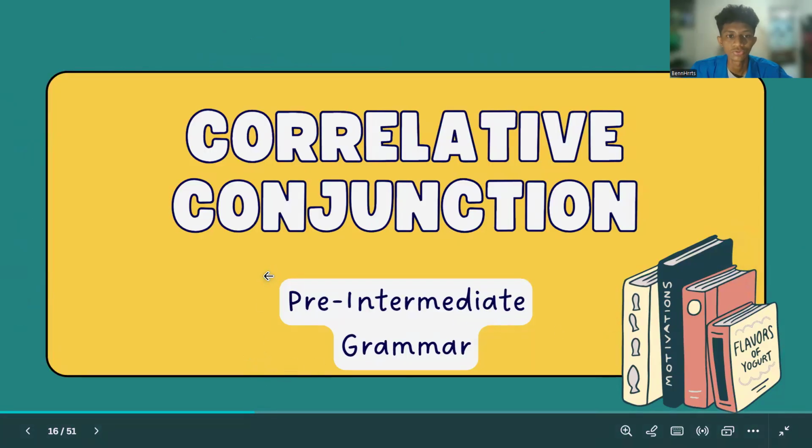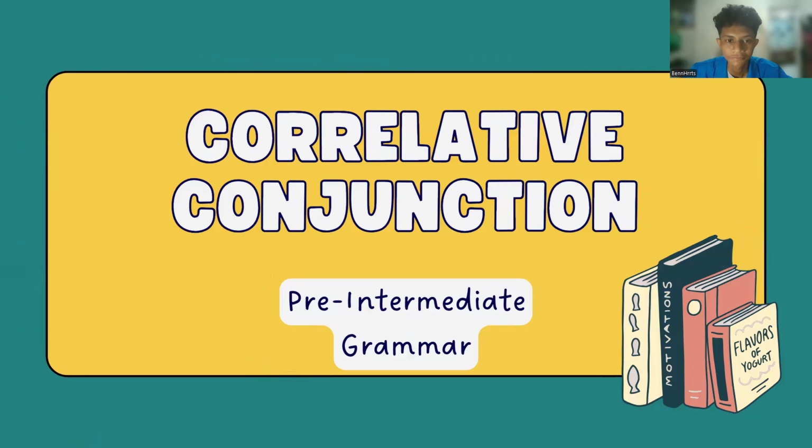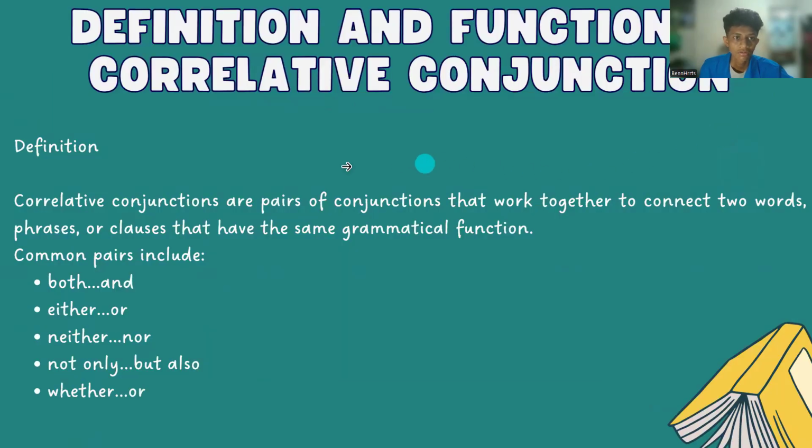And for task 2 in part 1 is correlative conjunction. And this is a definition and function of correlative conjunction.